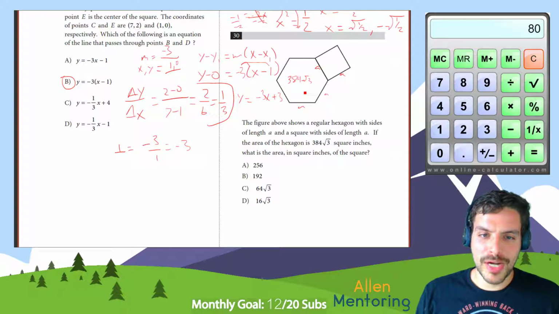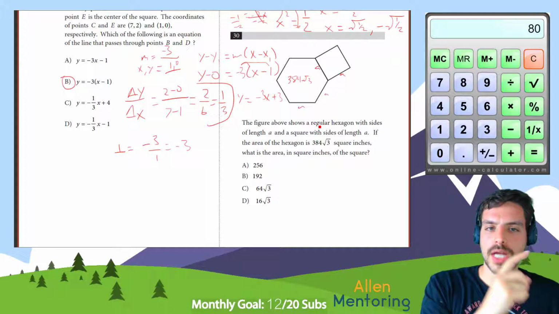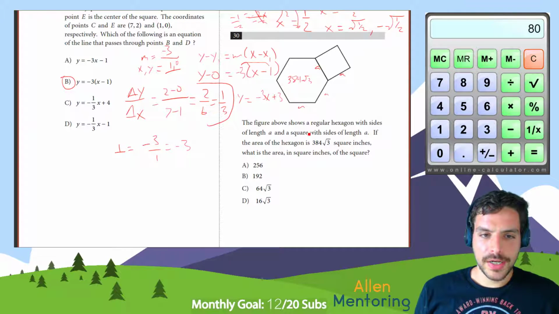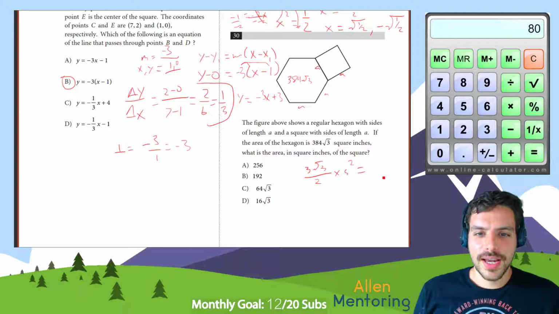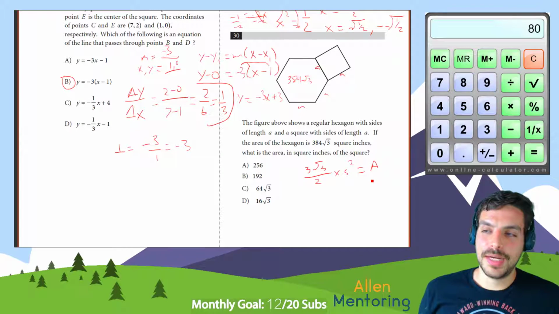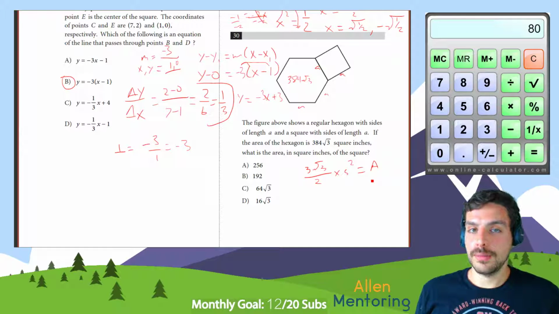The area of a regular hexagon, which is a hexagon with all equal sides, is 3 root 3 over 2 times s squared. That's a very tricky formula, but if you do have time to make a few flashcards, one of the flashcards should have the equation of a circle.